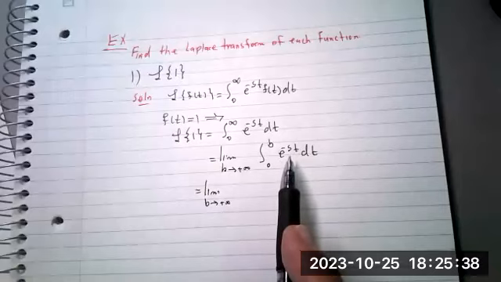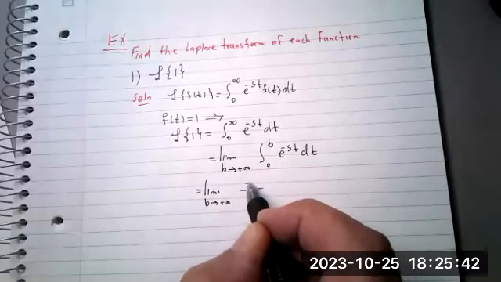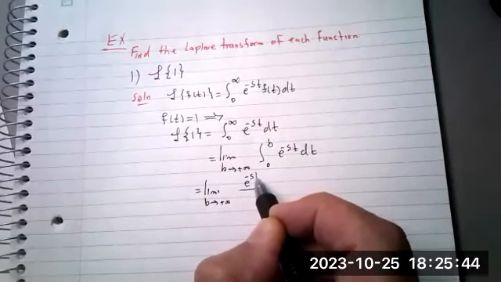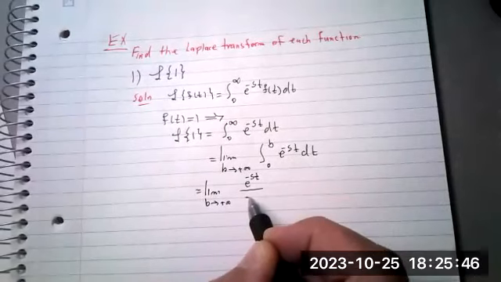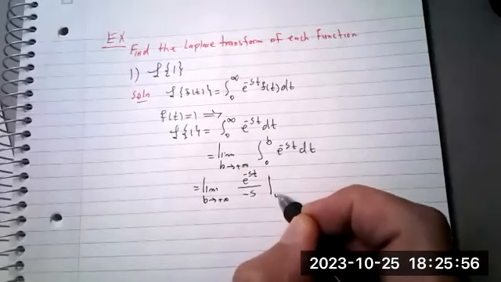So it's going to be the exponential function divided by negative s. When you differentiate, you multiply by u prime; when you integrate, you divide. Going from 0 to b.